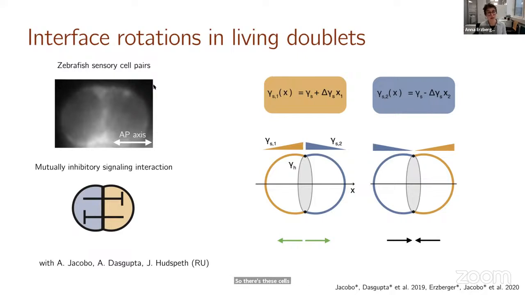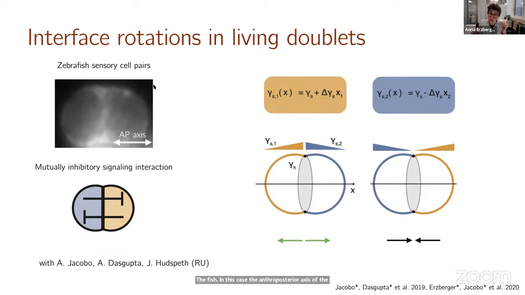And we also knew that the cells engage in a mutually inhibitory signaling interaction across their interface. And these tension gradients are always oriented along the anatomical axis of the organ and the animal, the fish in this case, the anteroposterior axis of the fish.